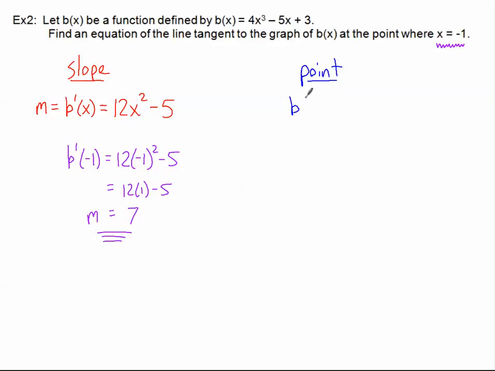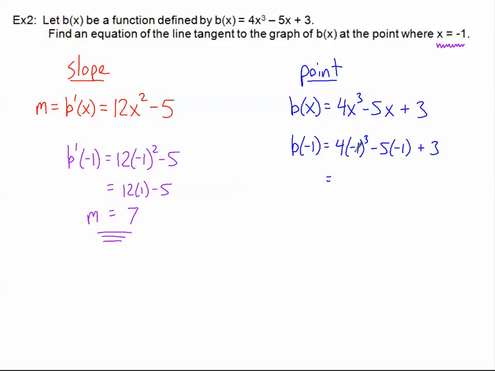We know that b of x, our function, is equal to 4x cubed minus 5x plus 3. That's our function. And I know I'm looking for a point that has an x coordinate of -1. So what I'm interested in now is b of -1. I need 4 times -1 cubed minus 5 times -1 plus 3.